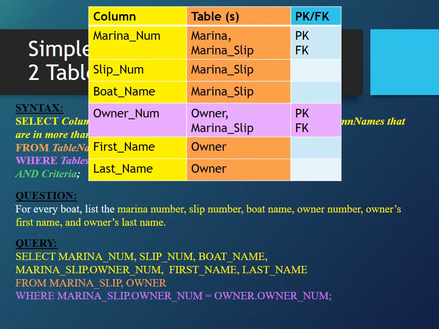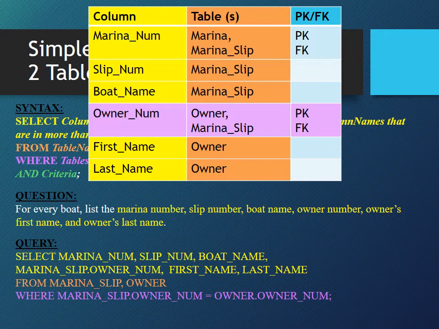I can see that I need to list marina number, slip number, boat name, owner num, first name, last name in the SELECT clause. I know I need to qualify ownerNum in the SELECT clause because it is included in two tables and I need to say which table I'm going to reference.